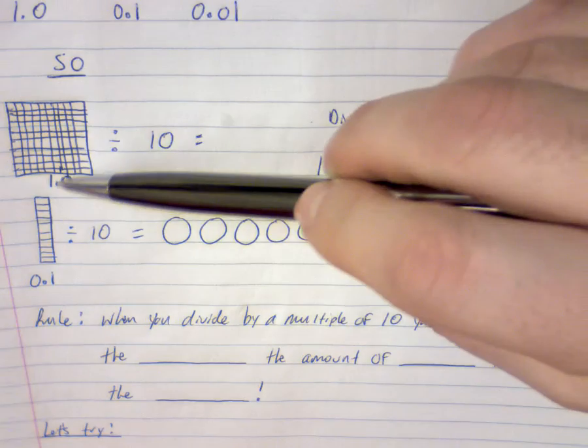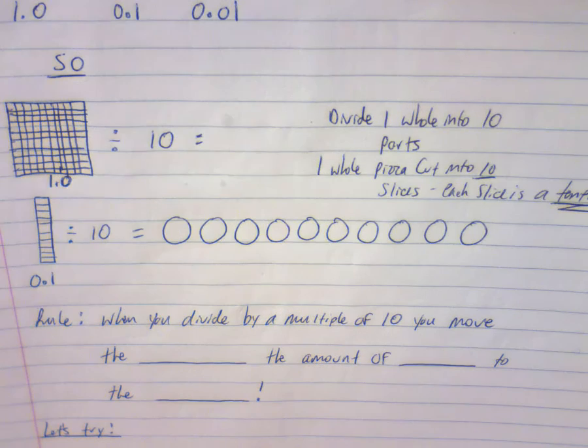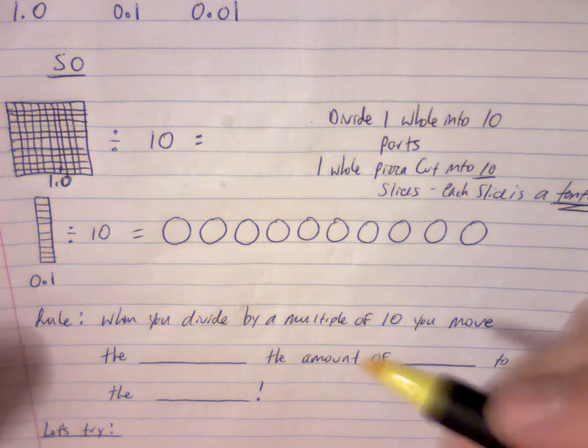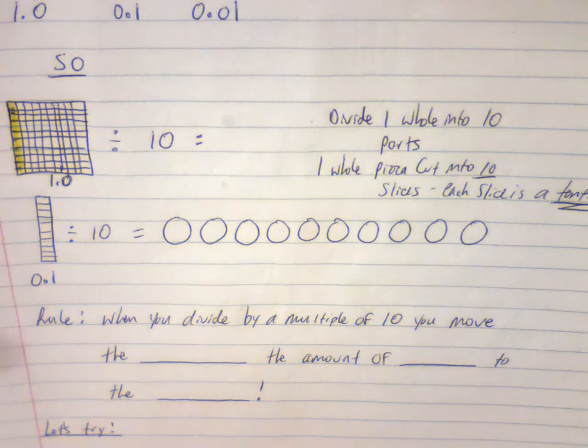If I take one whole and I divide it by 10, so what I'm doing is taking this whole and dividing it up by 10. I'm just going to highlight one of these, because the highlighted one is a tenth.